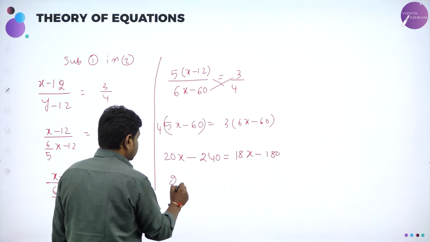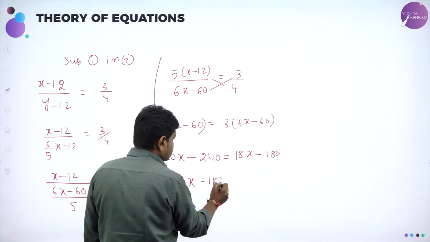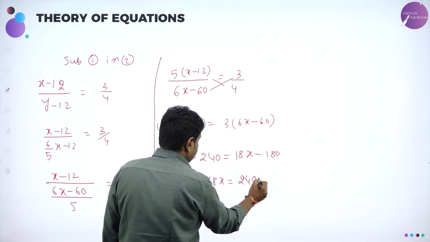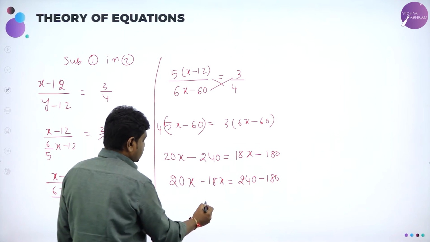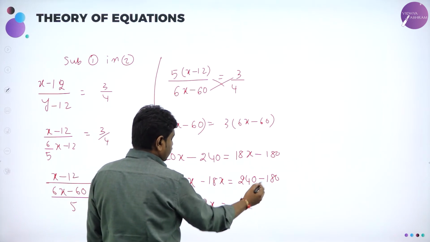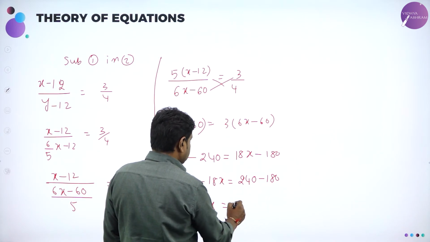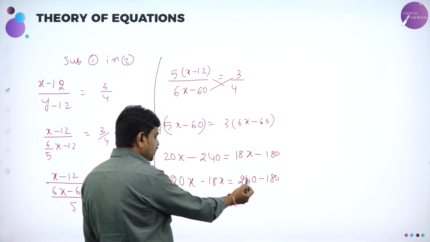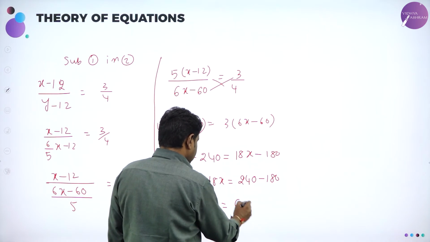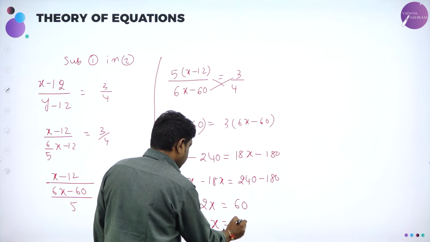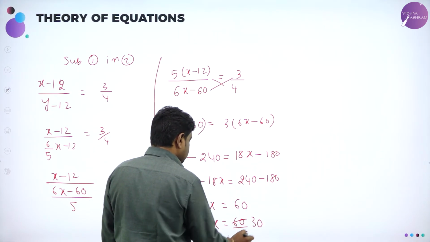Bring all x terms to this side. So 20x minus 18x is equal to 240 minus 180. And 20x minus 18x is 2x, and 240 minus 180 is 60, and x is 60/2. 2 30s are 60. So you got the number.